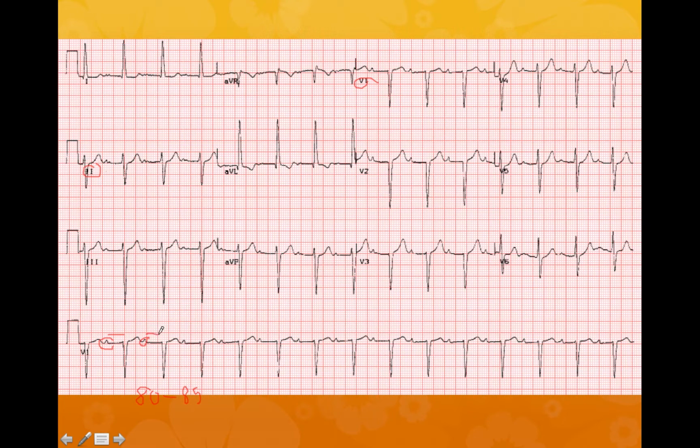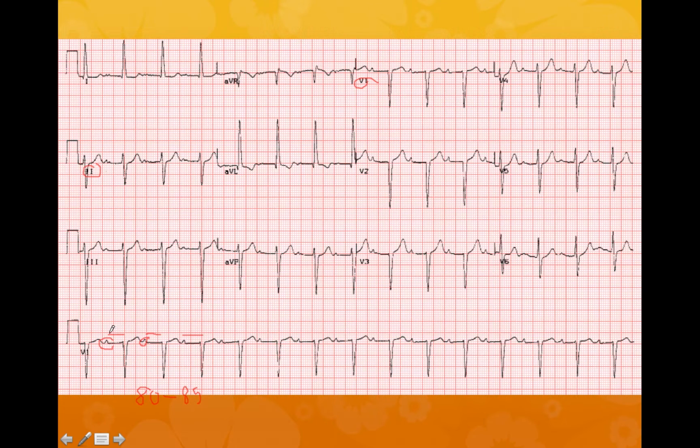What we need to do in this case is map out the PR intervals and make sure that they're regular. So in this case, there's about 8 small squares between the P wave and the QRS, and it looks to be pretty similar here. And again, the same here, there's about 8 small squares, so it's regular, which is important.